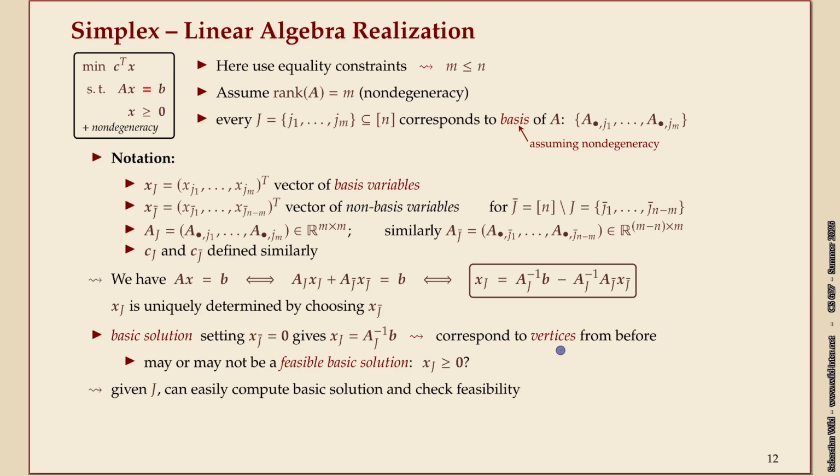These special kinds of solutions, the x's you get by taking some xj bar and setting it to 0 and computing the others from this formula here, correspond to the vertices in the geometric picture. Now, they may or may not be a feasible solution because in general, you don't know whether the base variables satisfy the non-negativity constraints. They may be negative or not. But if they are non-negative, then they're a feasible basic solution.